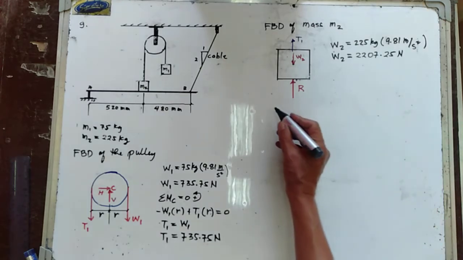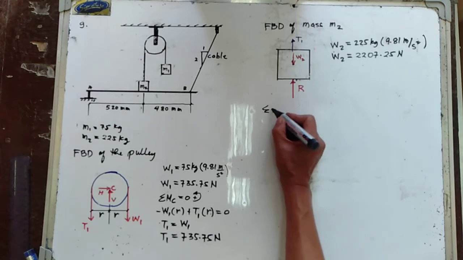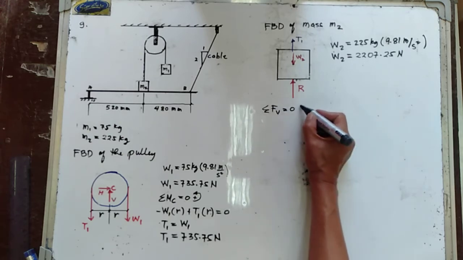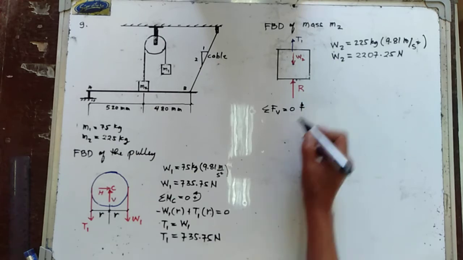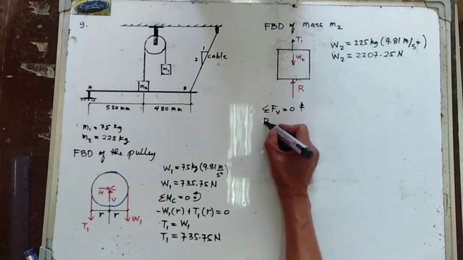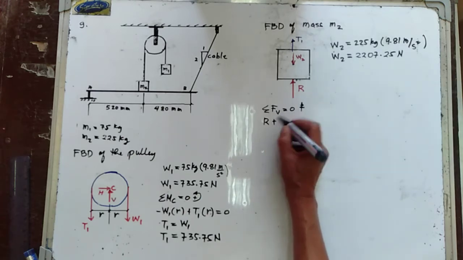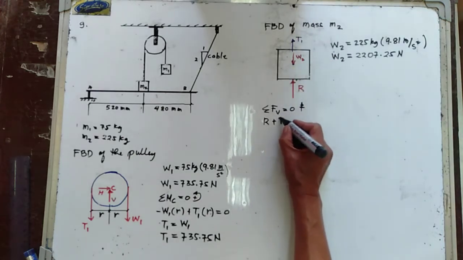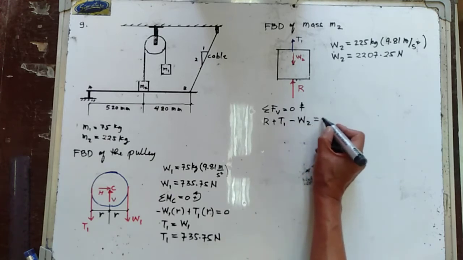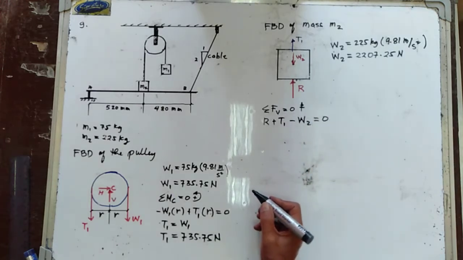Let's get now summation of forces vertical equal to 0. We have upward forces positive. So this is R plus T1 minus W2 is equal to 0.